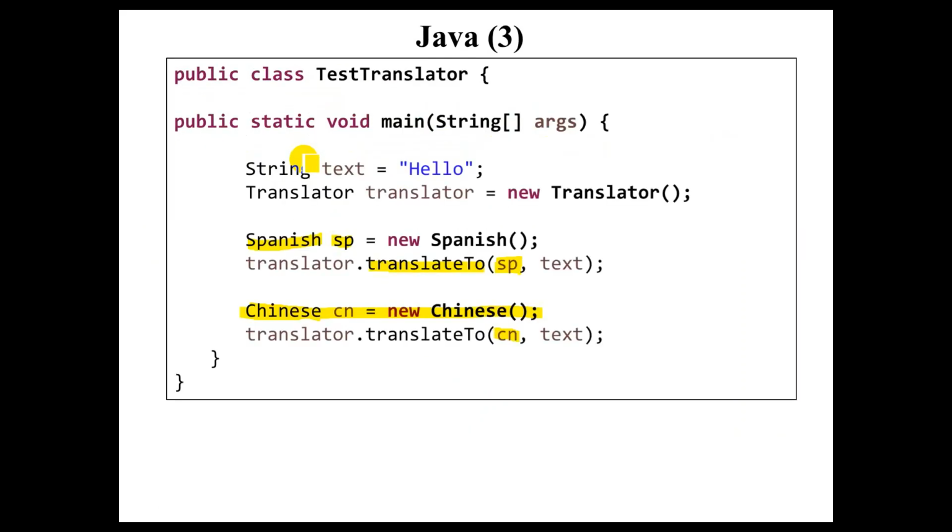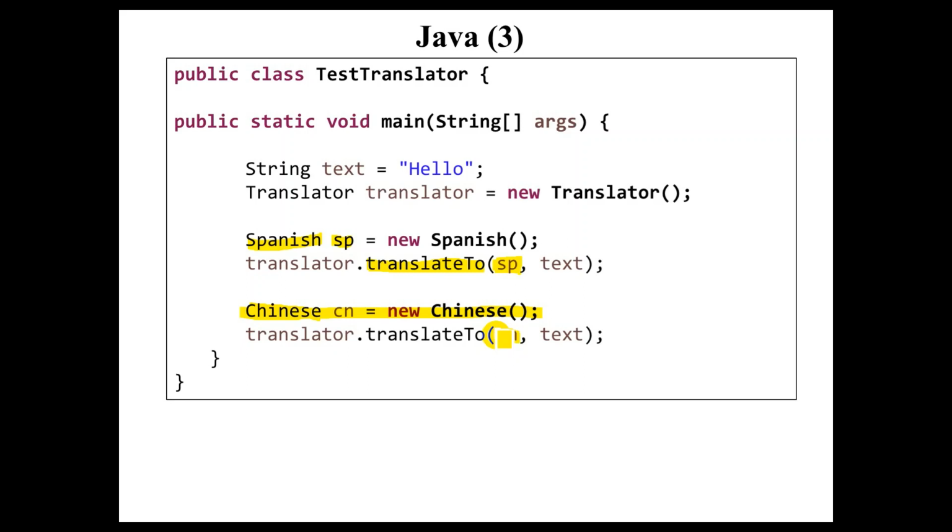If you go to the main method, you can see that in the translate to method we are passing the object of the Spanish class, and we are passing the object of the Chinese class separately in this way.